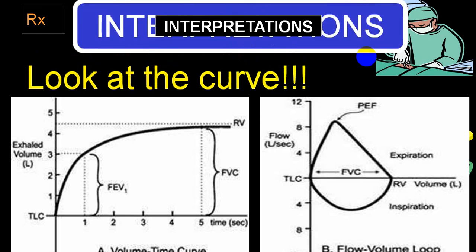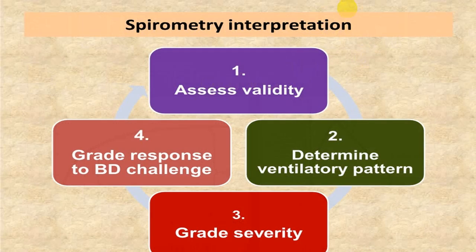So we always look at the curve and we look at certain things while interpreting. One, validity: whether this particular curve was done properly by the patient, whether there is any fault on the patient side or on the instrument side. Then determine the ventilatory pattern, whether it is normal, obstructive, restrictive or combined. Then we look at the FEV1, FVC and ratio to find out the severity.